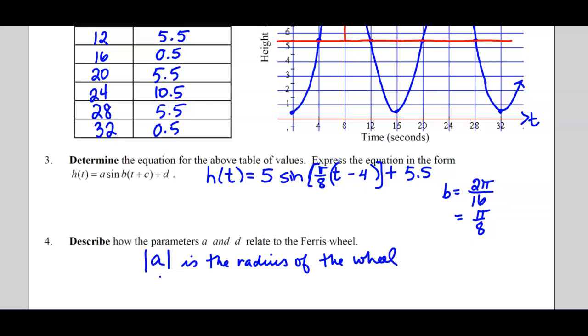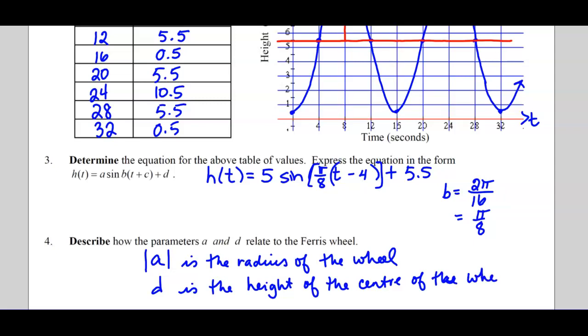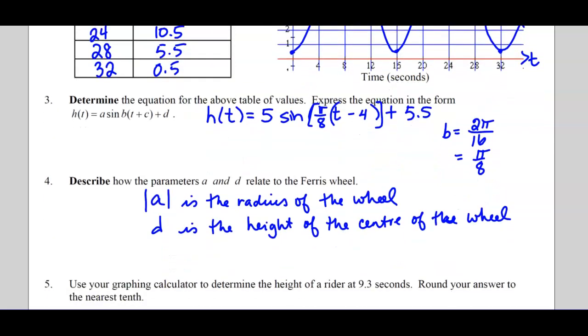D is the height of the center of the wheel. That's the easiest way to say it. I guess you could say it's the height after doing a quarter of rotation if you get on at the bottom, but that's the easiest way to describe that.